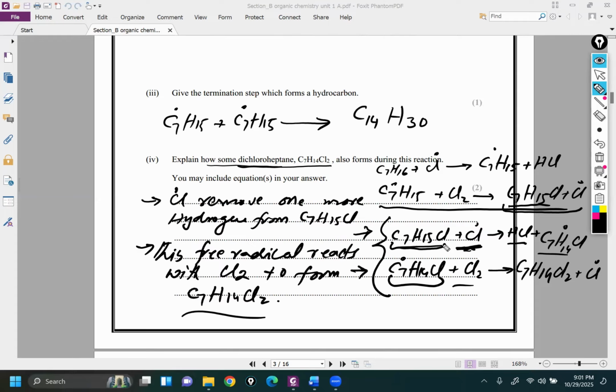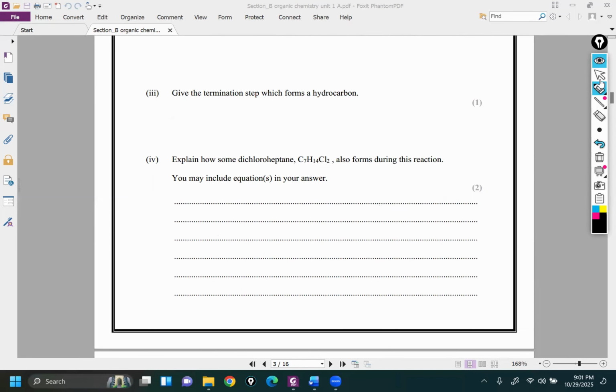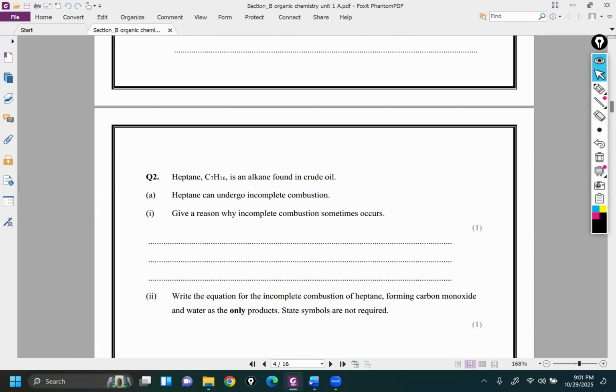So you can write for this answer these two equations or simply describe these two equations for 2 marks. Because in every equation, one hydrogen is replaced by chlorine.